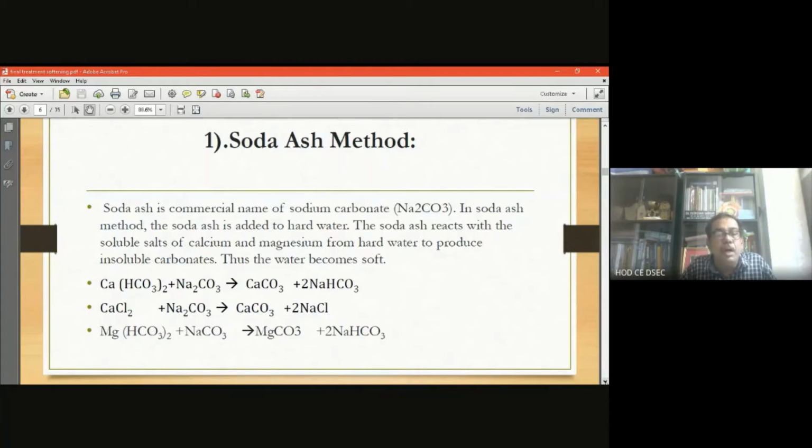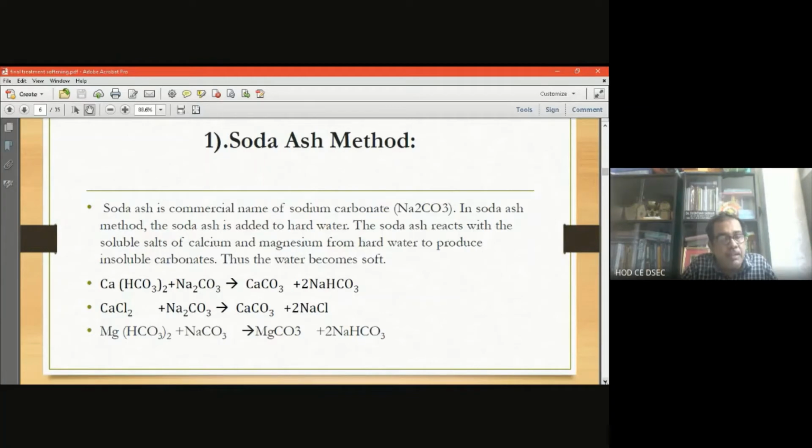Let us see how. Suppose calcium bicarbonate, although it is a temporary hardness, if we add soda ash, meaning sodium carbonate, then calcium carbonate precipitate is formed. Now for the permanent hardness, there are different salts responsible.